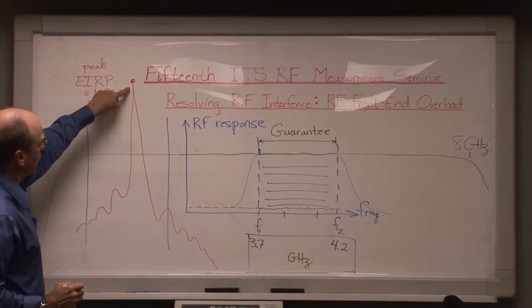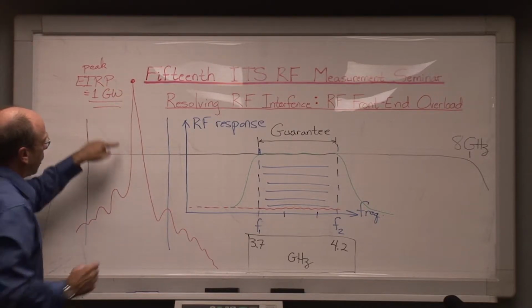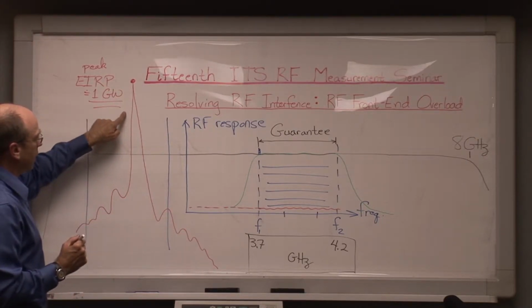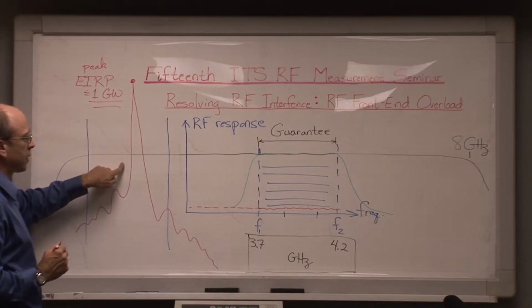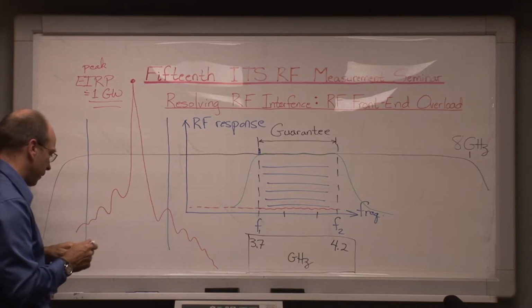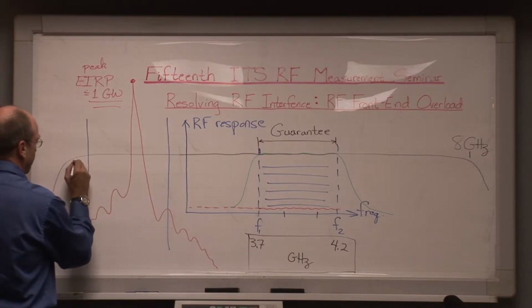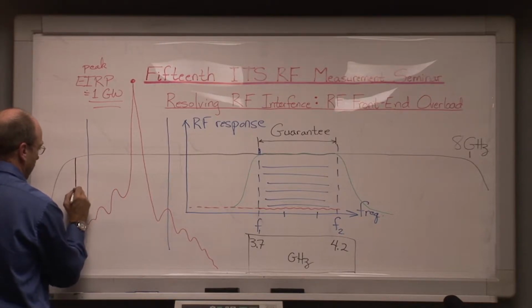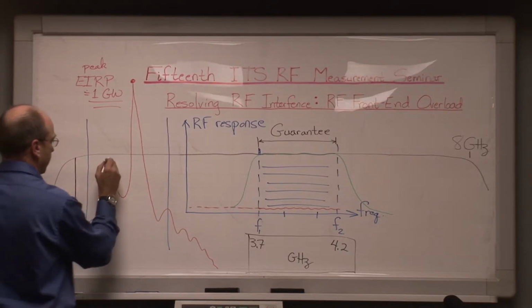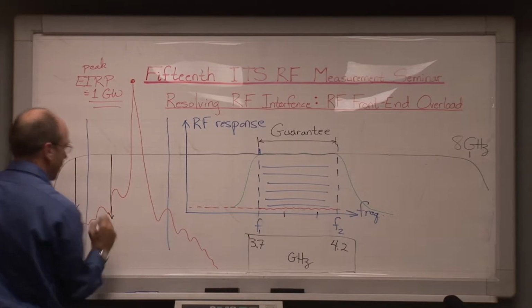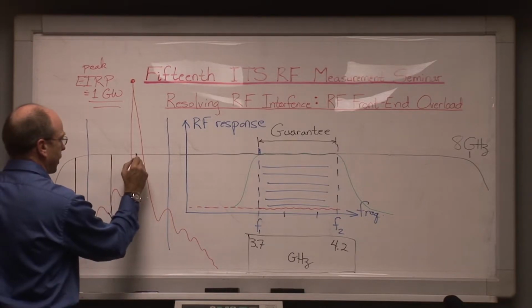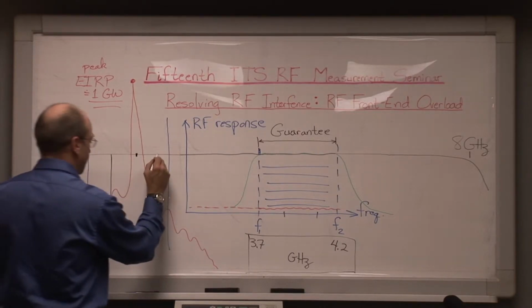This power at this frequency, when it illuminates this antenna connected to this low noise amplifier, is going to feed into the low noise amplifier, and the result is that while that energy is going into the low noise amplifier, the low noise amplifier gain characteristic drops, and it doesn't just drop on this frequency where the high power transmitter is tuned.